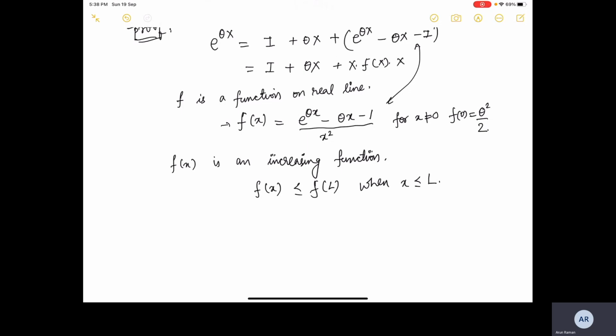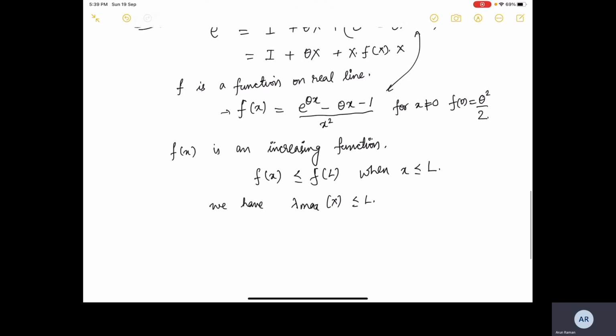Then we have assumed that the eigenvalues of X do not exceed L, so we can apply the transfer rule.